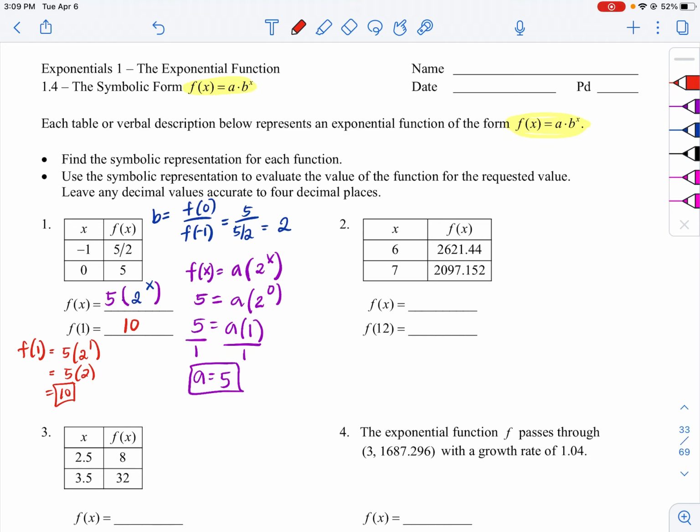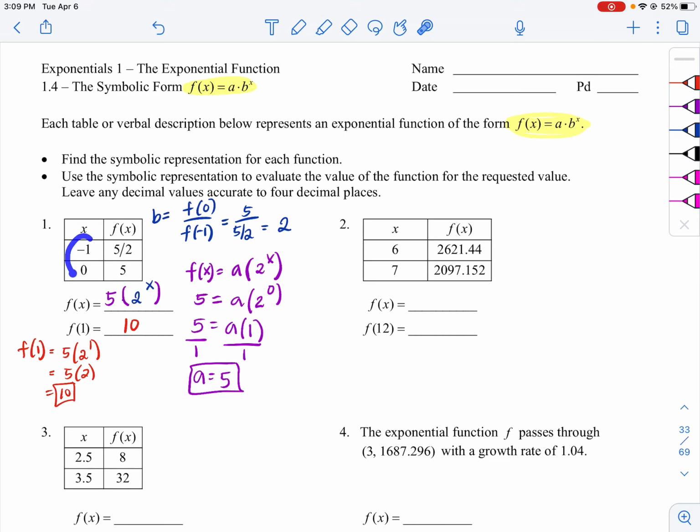Number 2 seems to have a lot of decimal values. So I will solve my b value. Remember that you have to make sure this is a difference of 1. The x is a difference of 1, they're 1 unit apart, and this is also 1 unit apart.